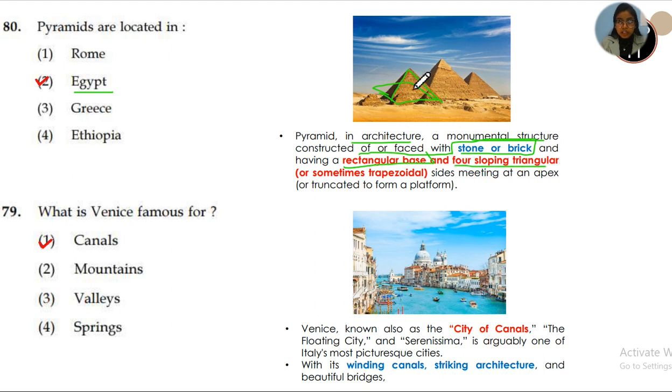These are your sloping triangles, 1, 2, 3, and a sloping triangle at the back, or sometimes trapezoidal sides meeting at an apex or truncated to form a platform. Fine. So these are your pyramids which are found in Egypt, on a rectangular base with sloping triangles.